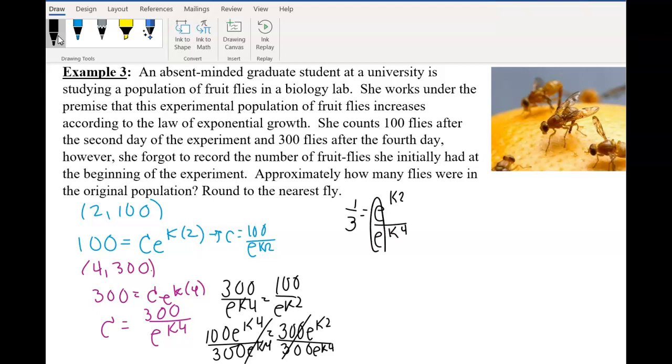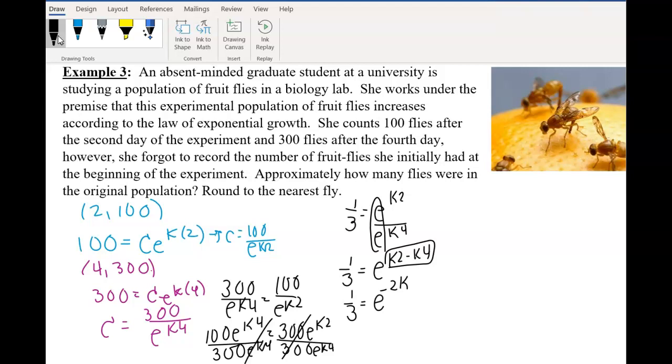But again, if two things have like bases, what do I do to their exponents? You subtract. So these are like terms. So you get 1/3 equals e to the negative 2k.